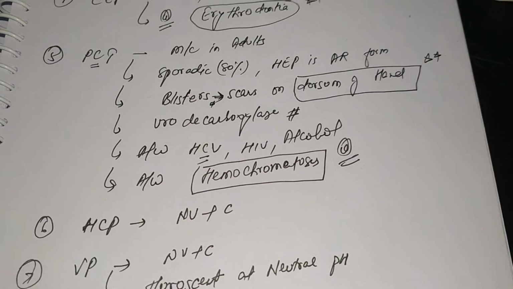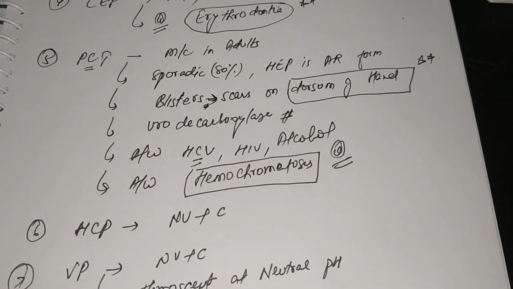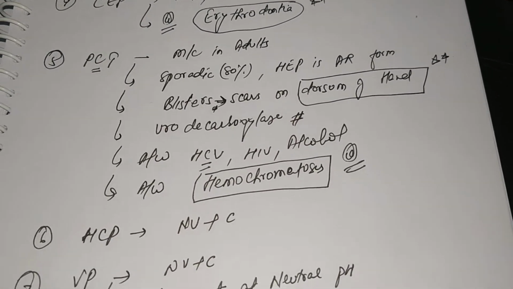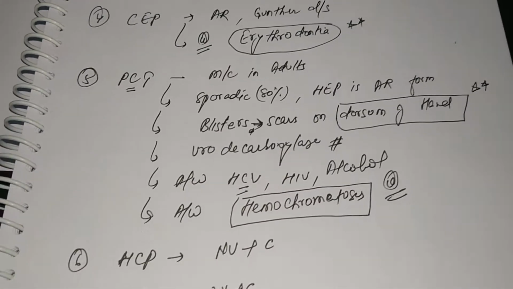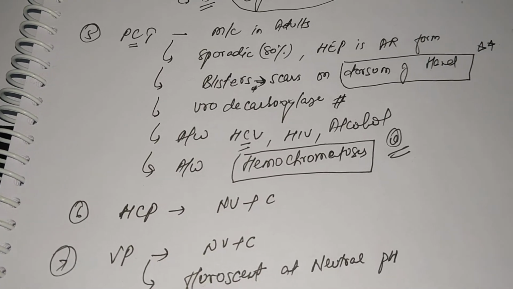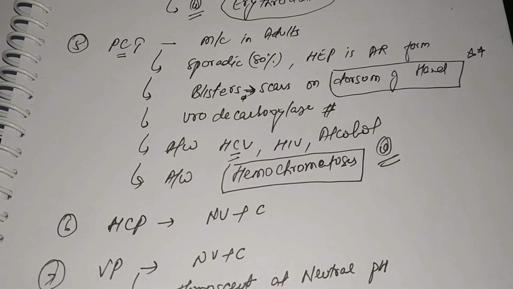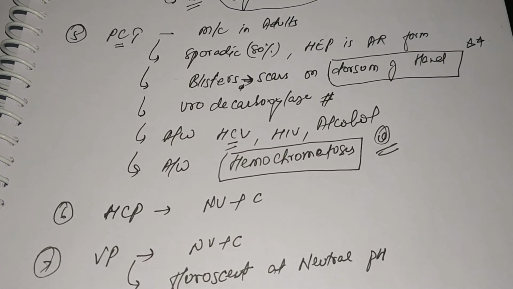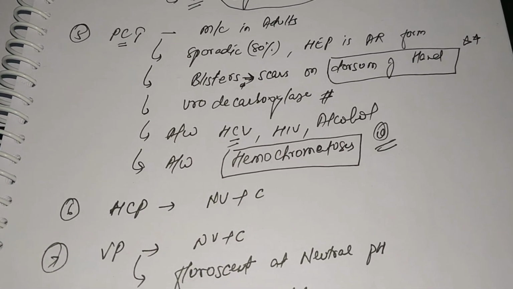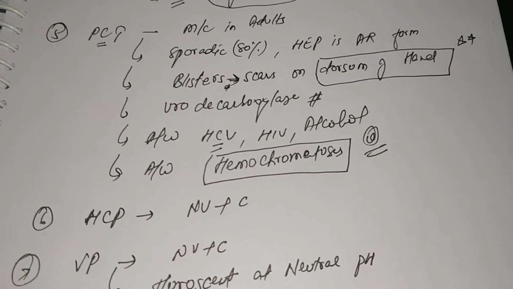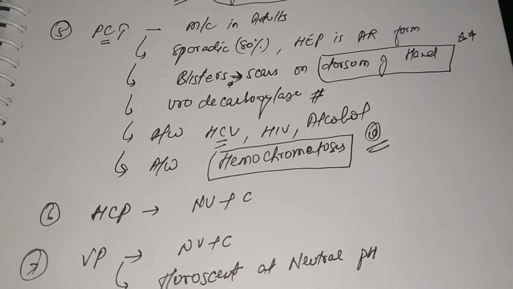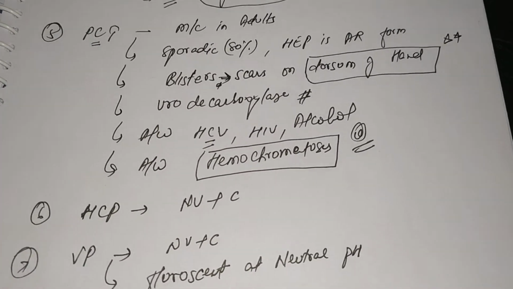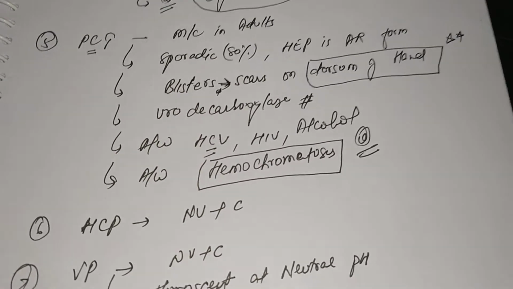Whenever you see dorsum of the hand in a question, understand that this question is talking about PCT. The enzyme deficiency will be uroporphyrinogen decarboxylase, and it is associated with hepatitis C virus, HIV, alcohol, and also with hemochromatosis. Hemochromatosis is associated with PCT.